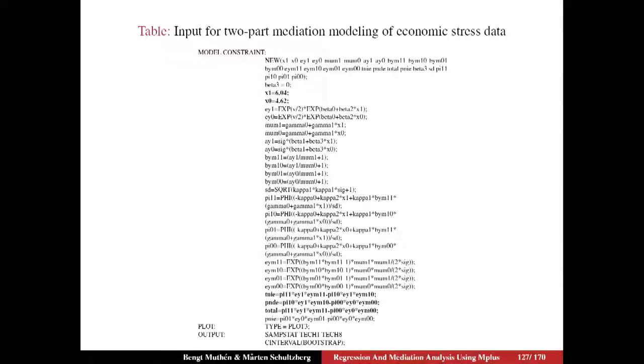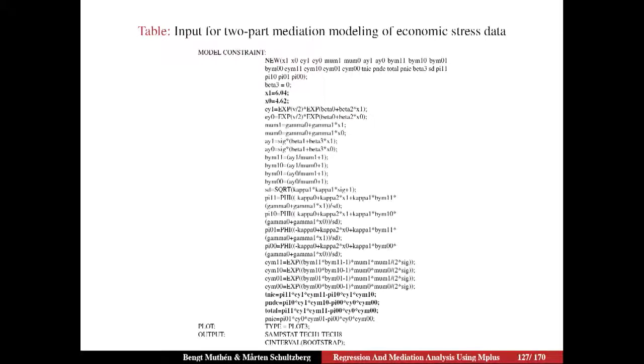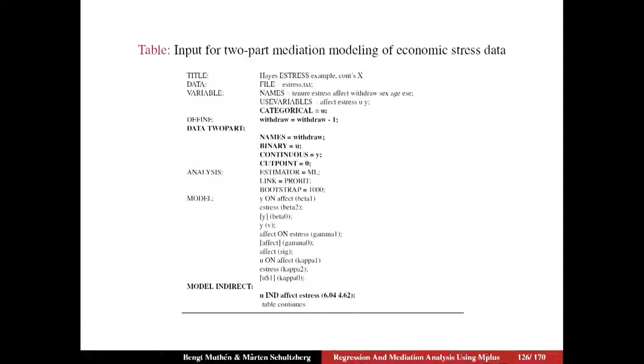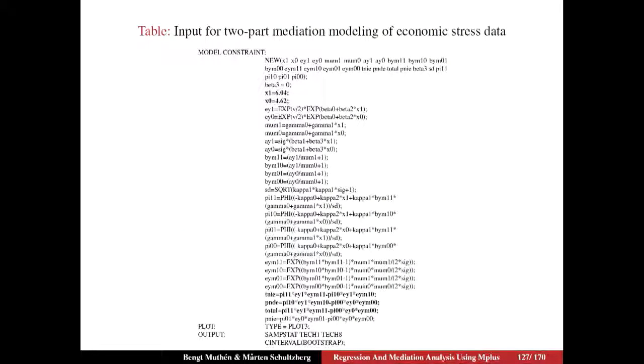But the point here is that the indirect and the direct effects, or the expected values that I was talking about before, the 4 expected values that we need to find, are always a function of the parameter estimates. So we can always just give names to all the parameters in the models, all of the parameters that we need to use. And if we can derive and find analytic solutions to these 4 expected values, we can implement them by hand in the model constraint command.